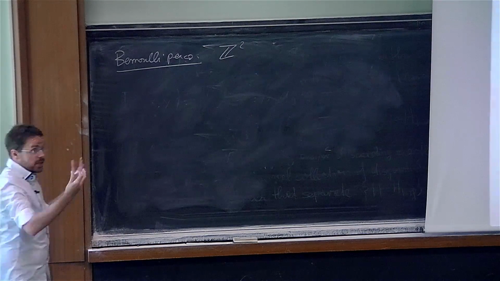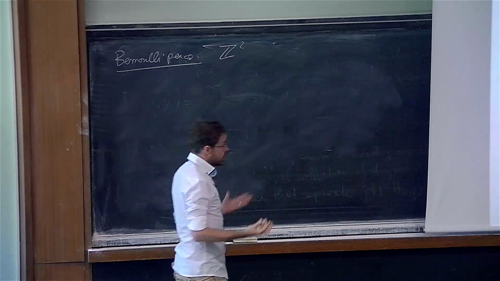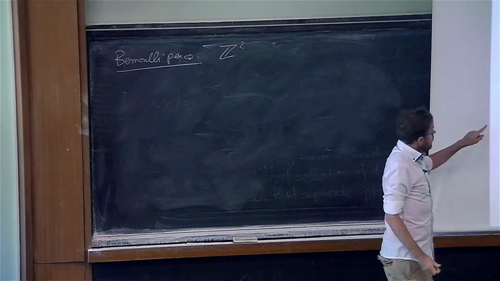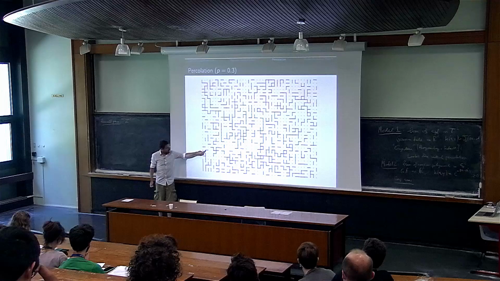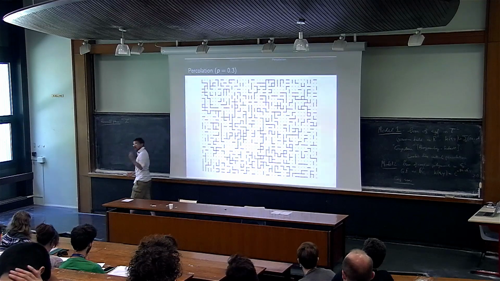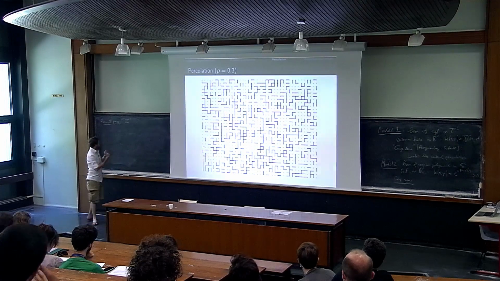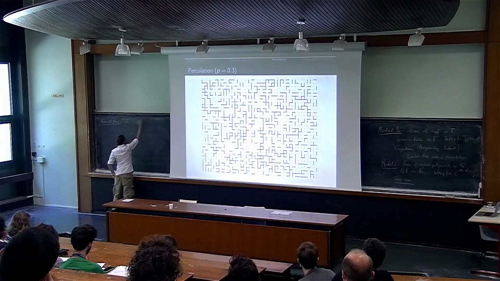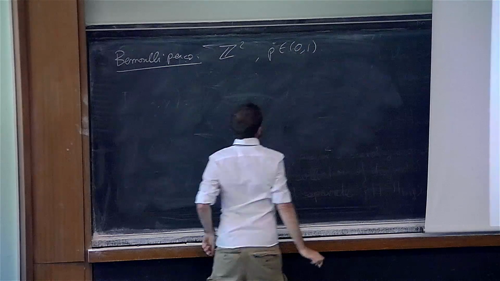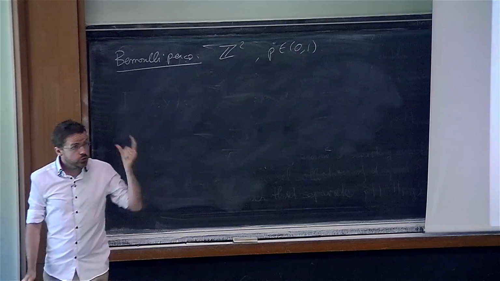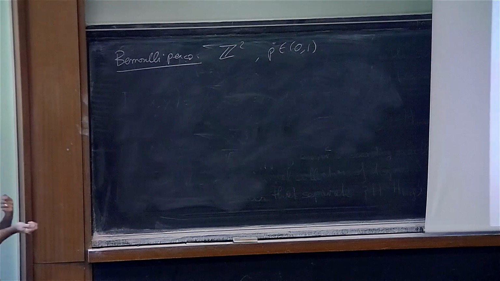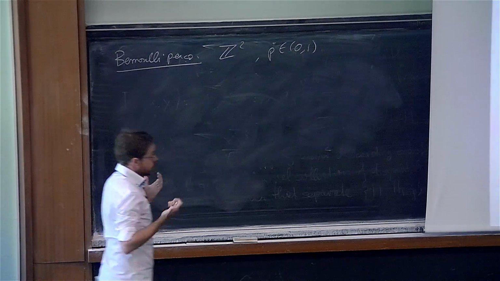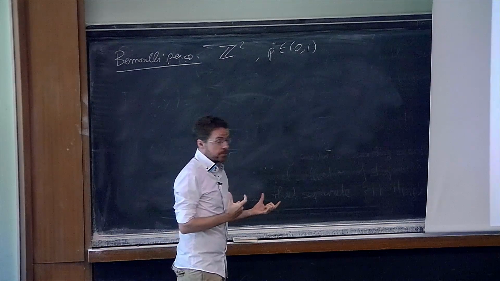You can take the hexagonal lattice, the triangular lattice, anything periodic will do. And what you do is for each edge of the lattice, you toss a coin, and with probability p, some parameter, so p is between 0 and 1, you choose randomly if the edge is open or closed. And you do that independently for different edges.